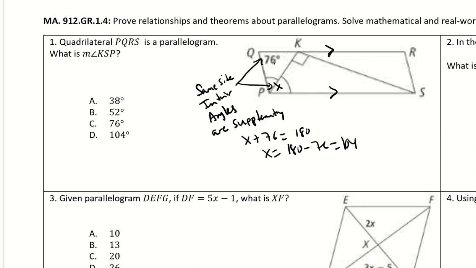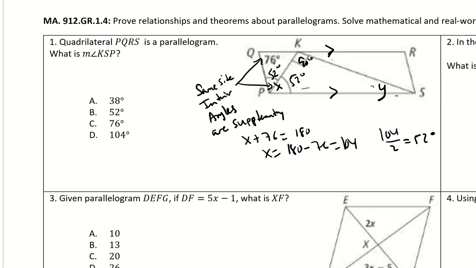And since this is 104, that means these have to be both 52, right? Because they're both equal. You just take 104 divided by 2, which is 52 degrees. And so now we know that those are both 52. We know that this is 90 because it says that there. And in order to find KSP, which we'll call y, a variable, we know that these three angles have to add up to 180 because we have a triangle.